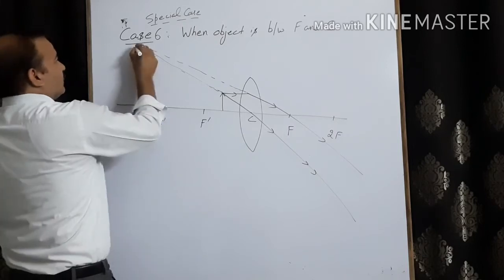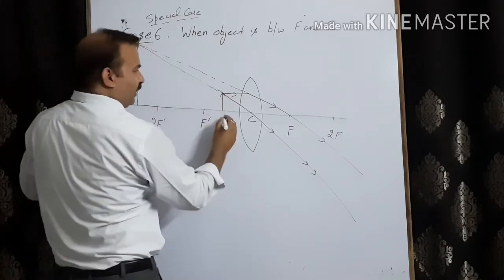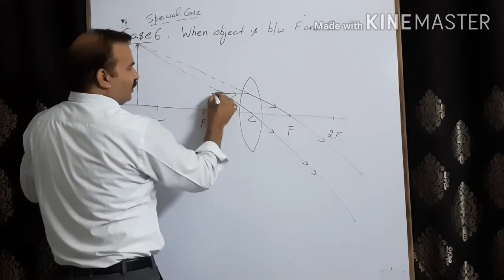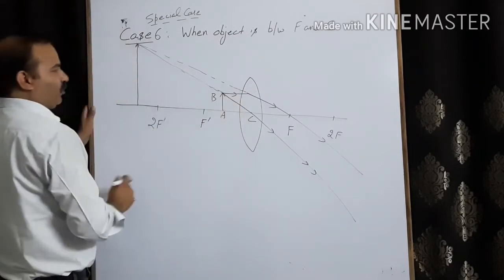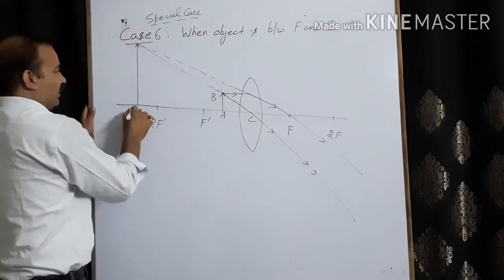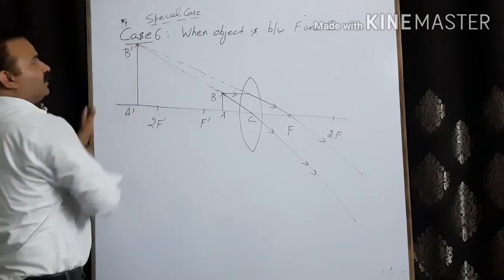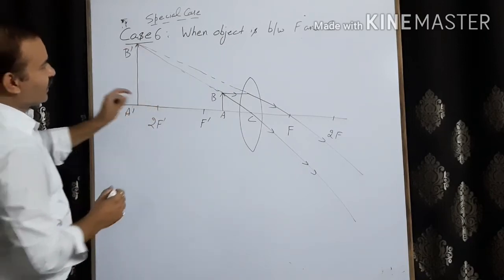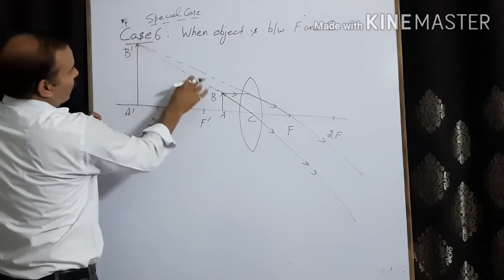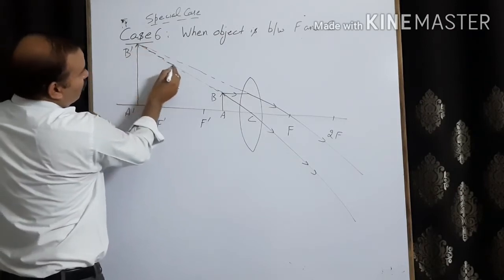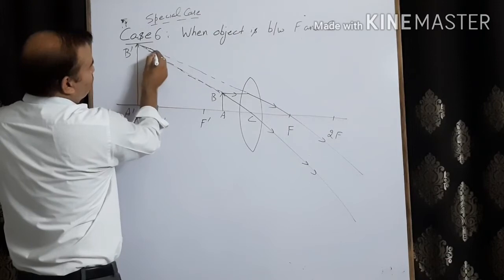on the same side. If I take this as a point A, this is B, it means AB is the height of the object, so the image will be A dash B dash. In this case the image will be formed on the same side.